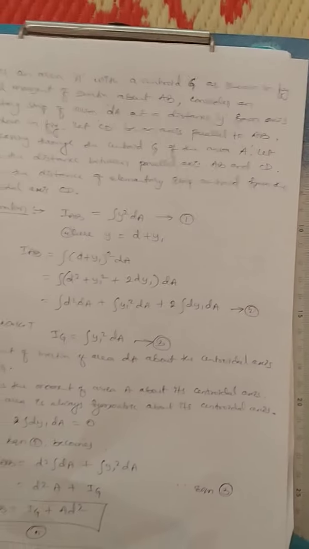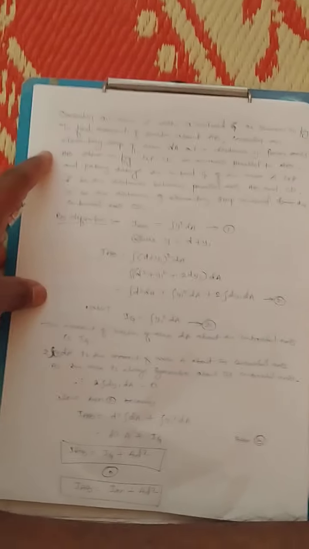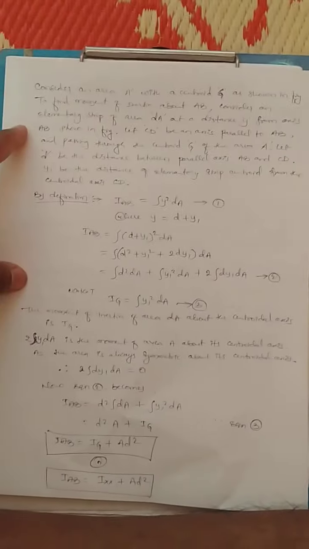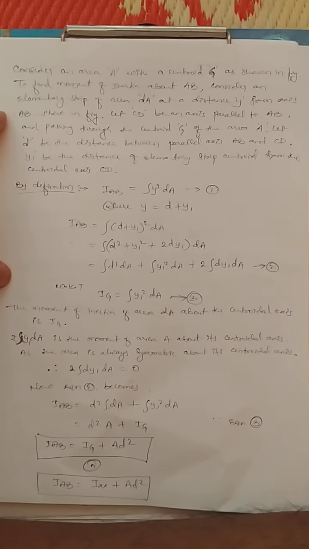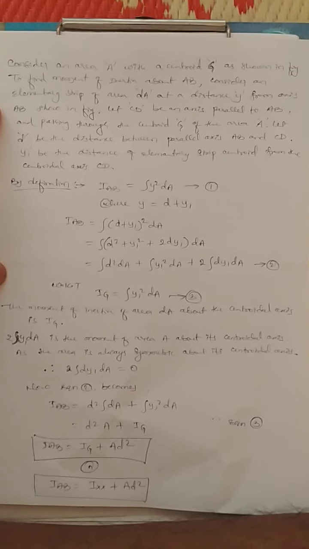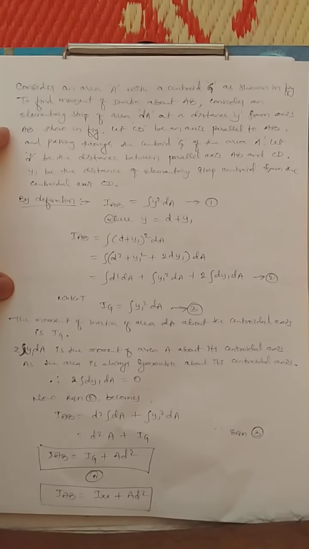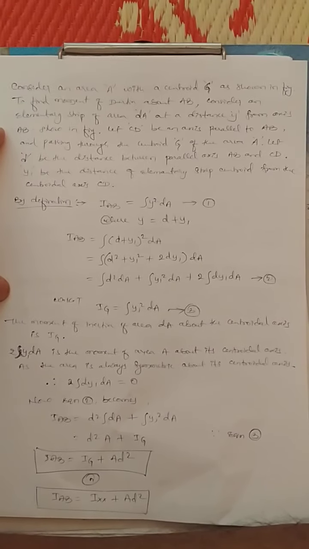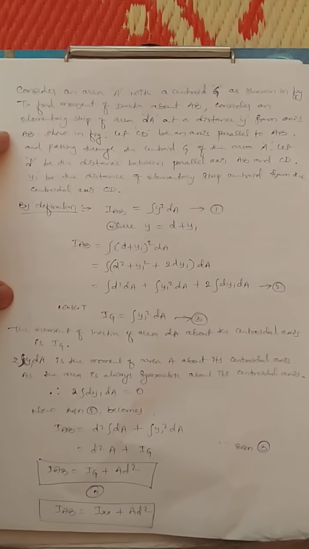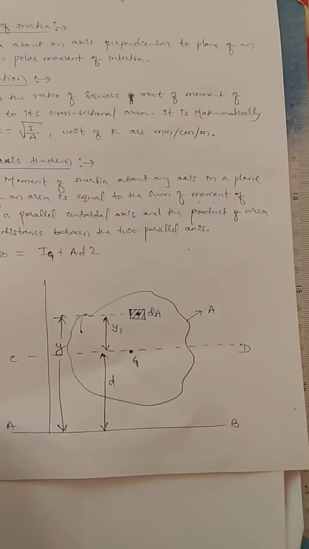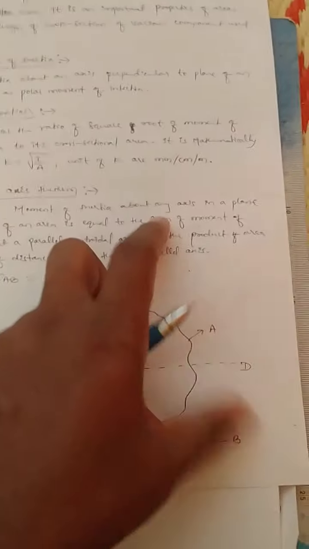Now here is the proof. Whenever in the examination you come across the parallel axis theorem, first, based on the marks asked, we have to write the description of the figure. Here I have written: consider an area A with a centroid G as shown in the figure, to find the moment of inertia about AB. So I am finding the moment of inertia about the base, that is AB.